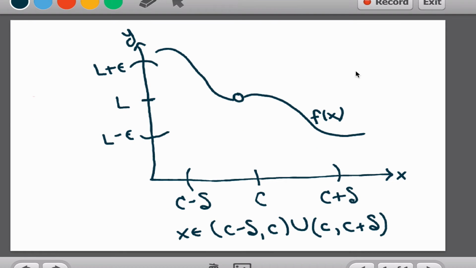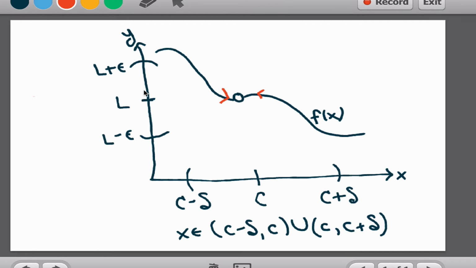Here's a general function, f of x, and notice if we begin right here at this value c, this is an x value. But we're not concerned about the value directly at this c value, but near it. As we approach this value from the left or from the right, we want to know what's going on with the outputs.